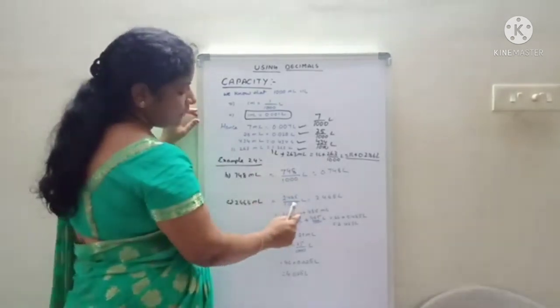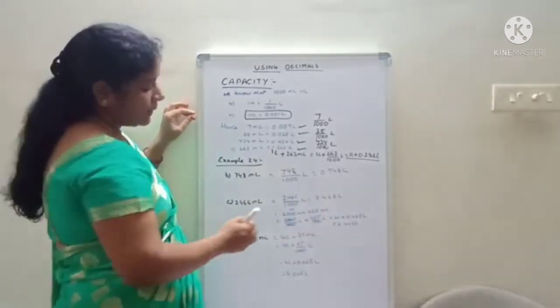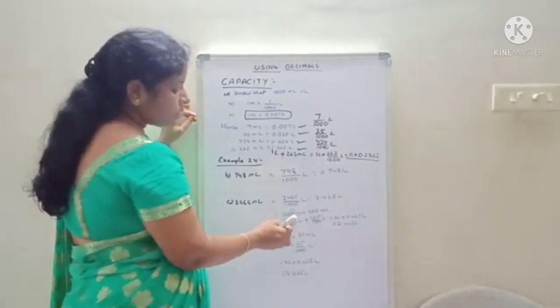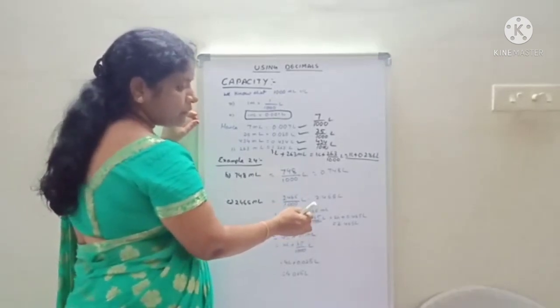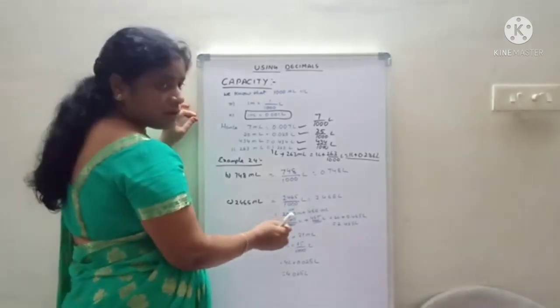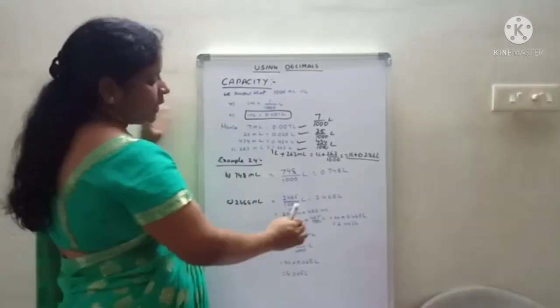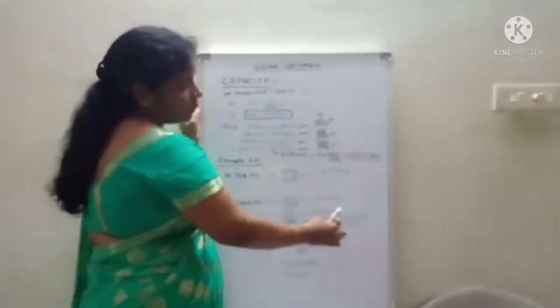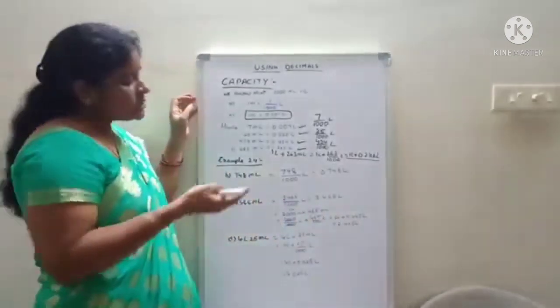2465 ml means 2000 ml plus 465 ml. 2000 ml converted into liters means 2000 by 1000 liters. 465 ml converted into liters means 465 by 1000 liters. So 3 zeros cancel, we get 2 liters here. And 465 by 1000 can be written as 0.465 liters. Now both are in the same units, liters, so add them.